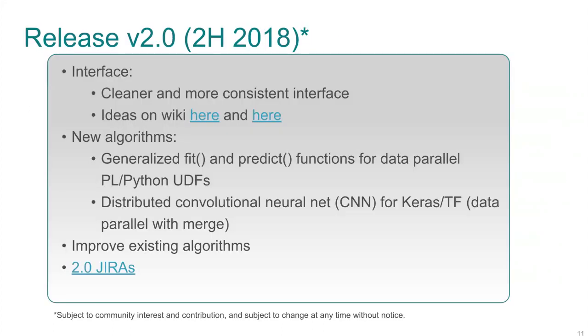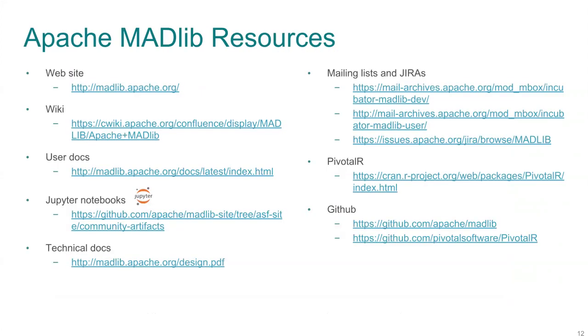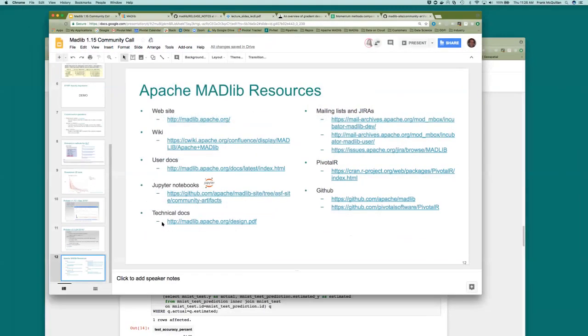So that's a look ahead to 1.15.1 and to 2.0. Here's a bunch of resources that are available regarding Apache MADlib, including the Jupyter notebooks that we've been showing in this demo. And that's it. I'll turn it back over to you, Bob, to see if there are any questions.